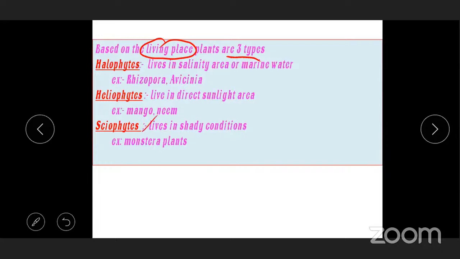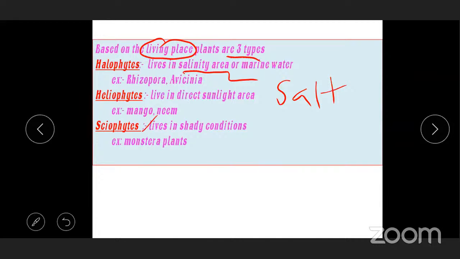Halophytes means what? Lives in a salinity area or in marine water. Salinity area means what, Nana? In salt condition. That is a salinity area.